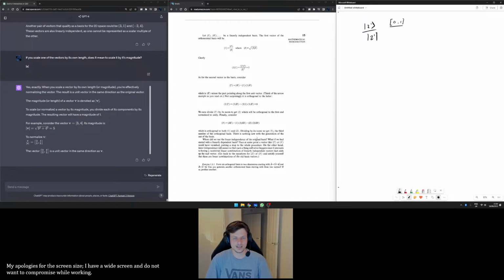I don't quite get this yet. Not surprising it was orthogonal to the latter, yep. But then we now divide 2 by its norm to get 2. So let's go and ask GPT-4 about this.